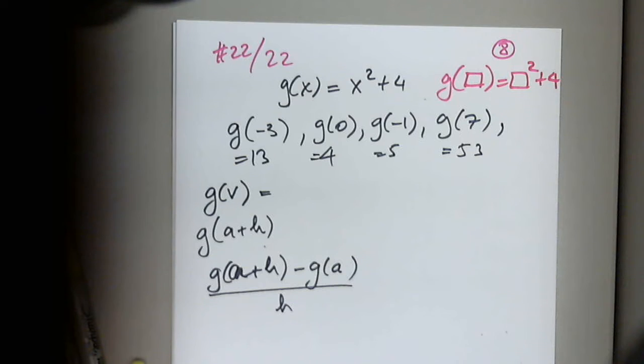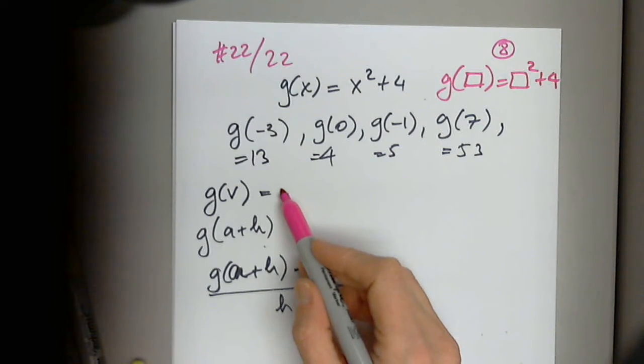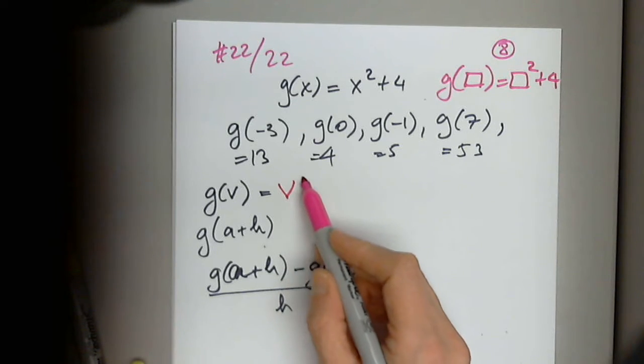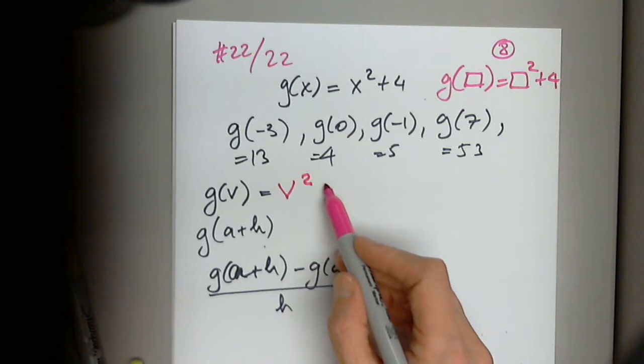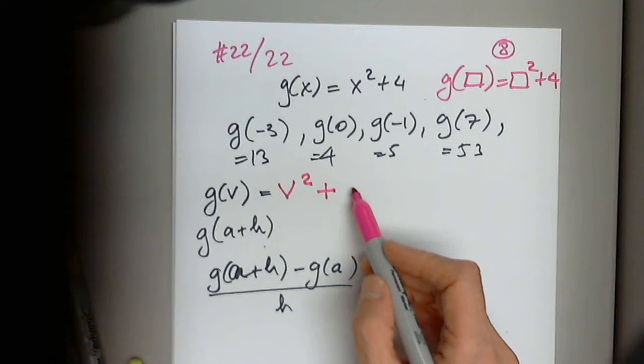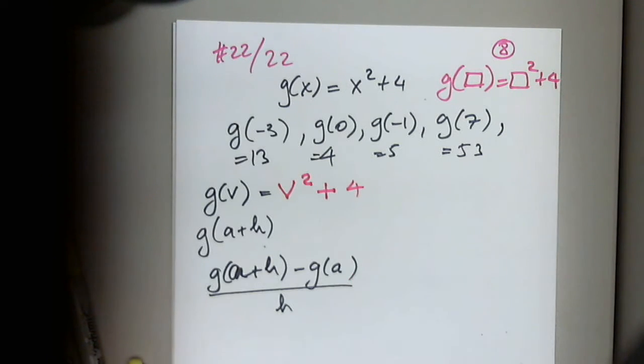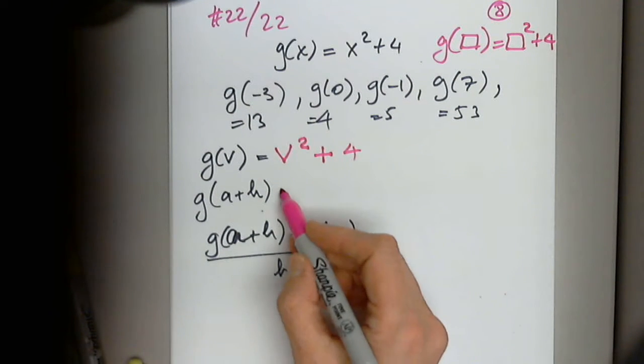So if I'm asked to find g of v, whatever is now v. So what will you tell me to write? v squared plus 4. That's it.